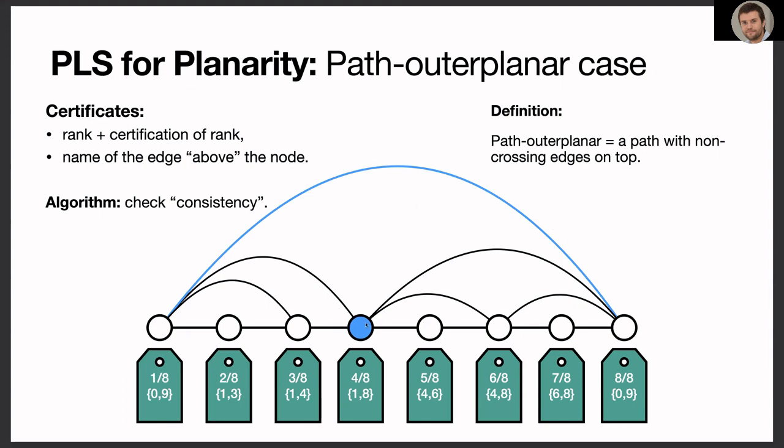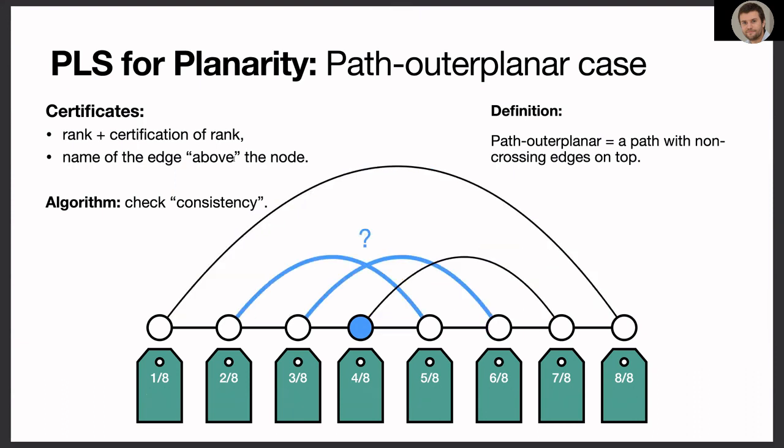And just checking it, I won't go into the details here, but just checking the consistency of these certificates is enough to verify that the graph is outer planar. We cannot trick the nodes into thinking that the graph is outer planar if they check these certificates.